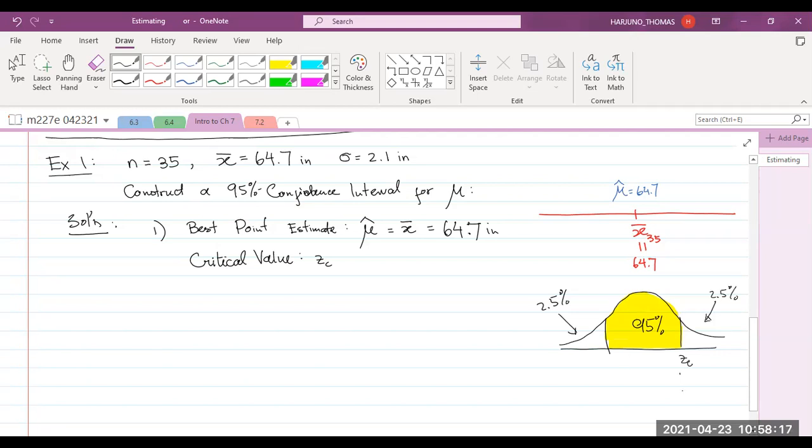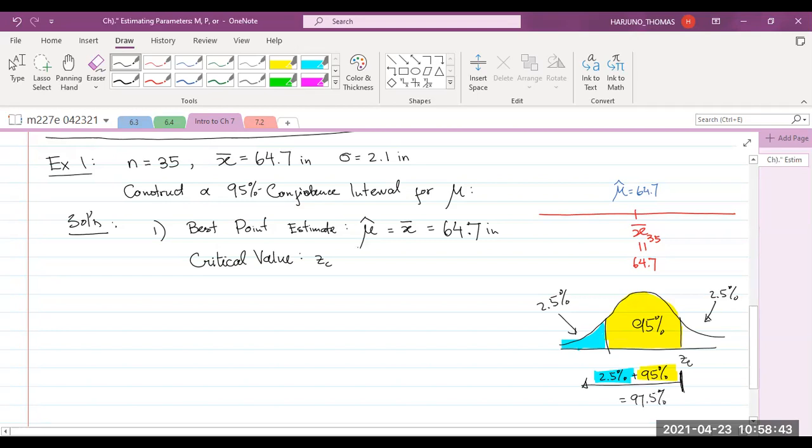So the area to the left of this c critical will be 2.5% plus 95%. That's how we get the area to the left of that, which is 97.5%.